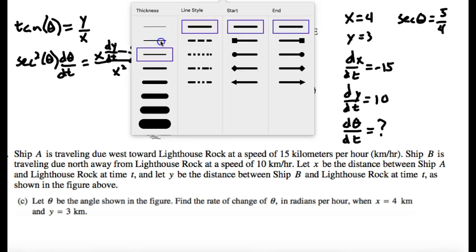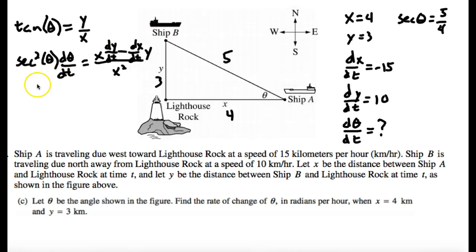So let's plug all that information in. I'm going to make this a little bit thinner. So we've got 5 over 4 squared times d theta dt equals 4 times 10 minus a negative 15 times 3 all over 4 squared.